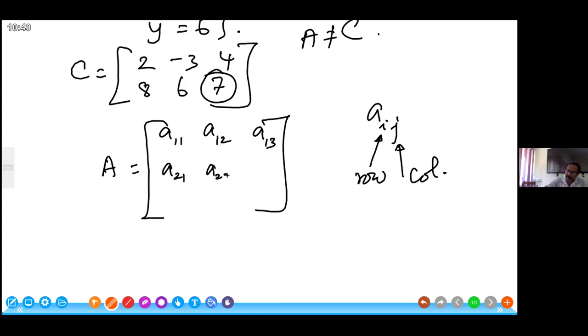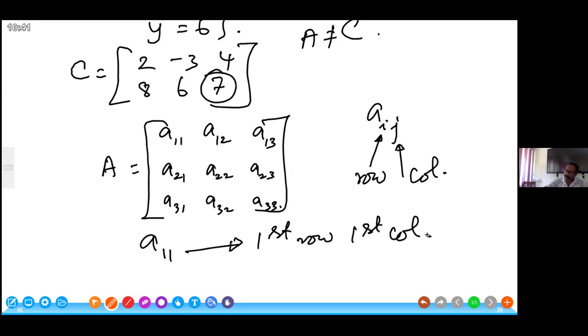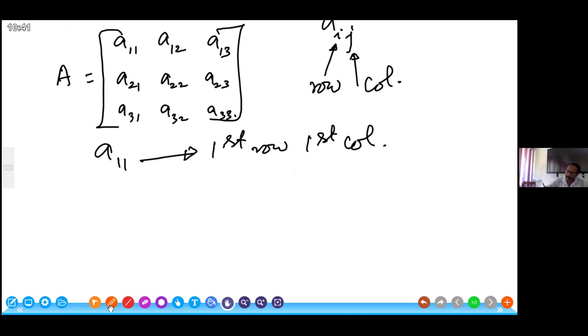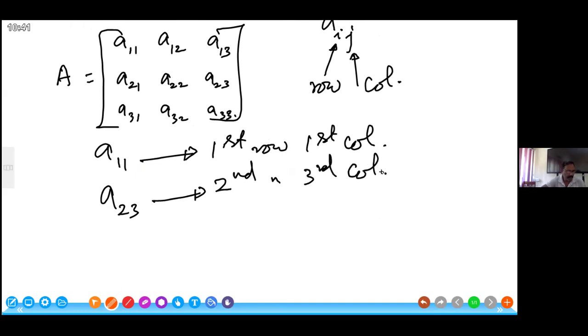A21, A22, A23, A31, A32, A33. Right? So A11 means the element in the first row, first column. A23 means second row, third column, and so on. Any questions?